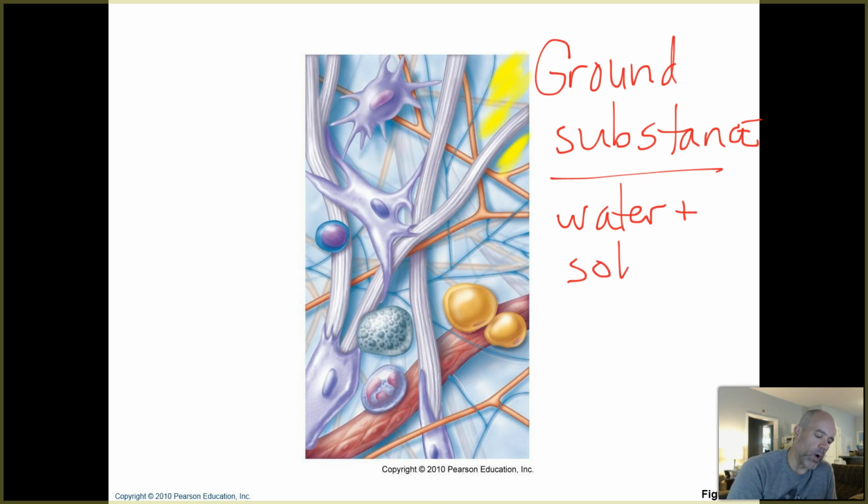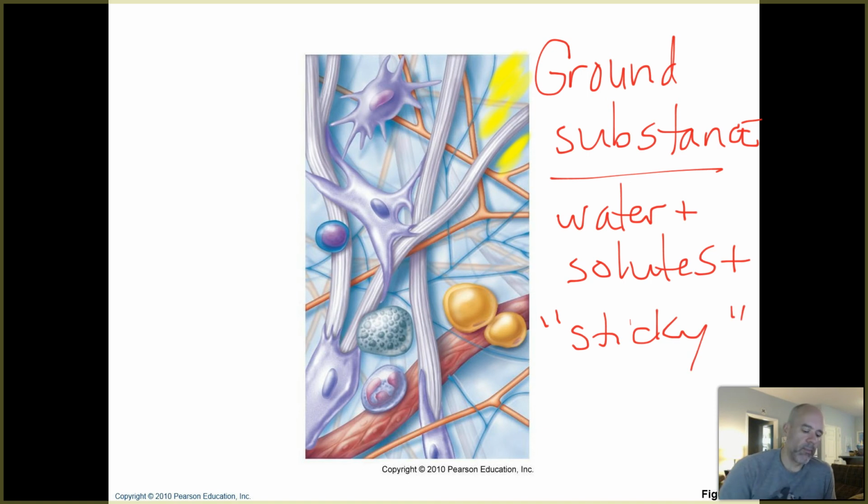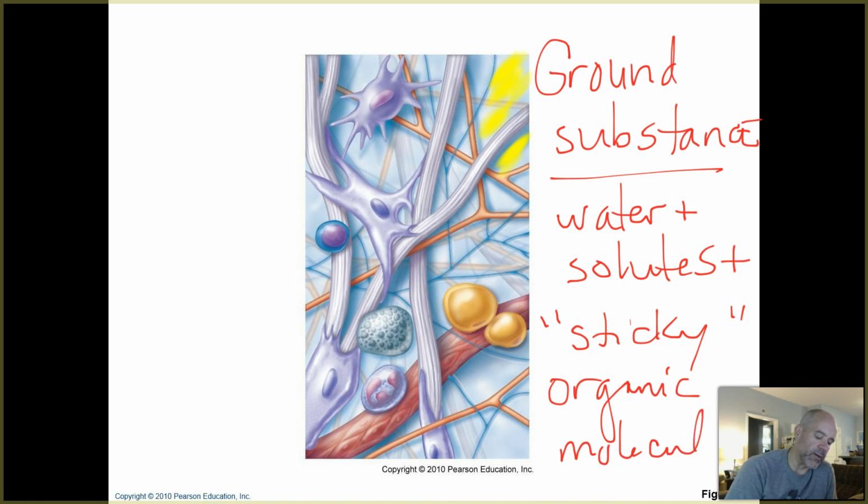And that contains water plus solutes plus, we'll say, kind of sticky organic molecules. We'll leave it at that for now. We'll talk more about that on the physiology side. So really that's your interstitial fluid there within what's called the ground substance.